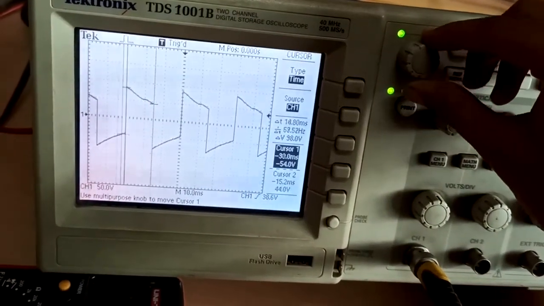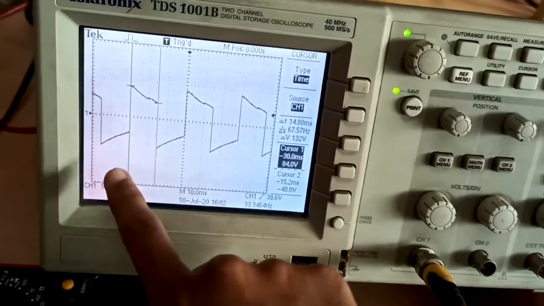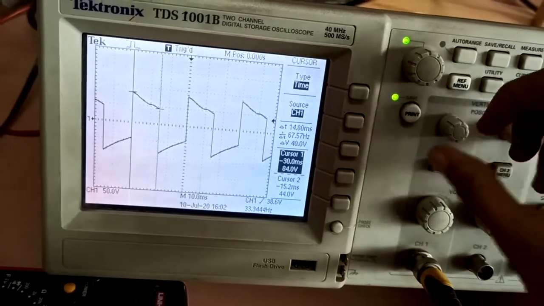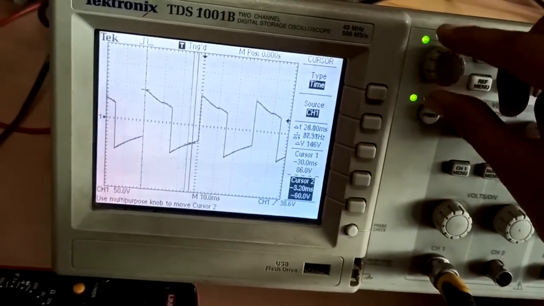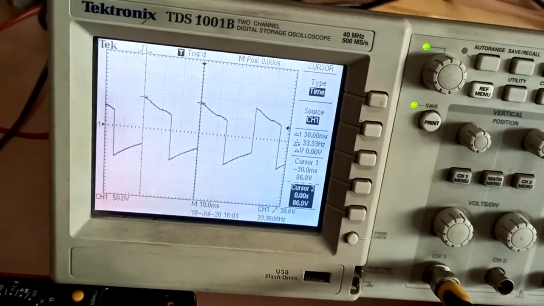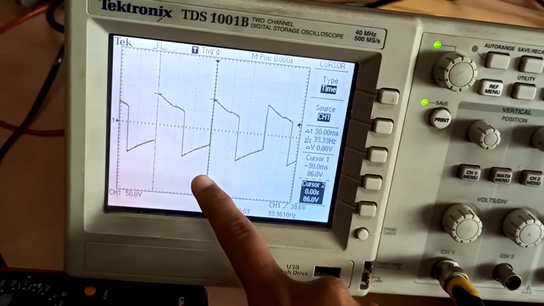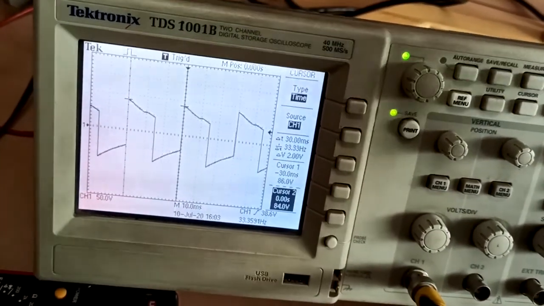Now move the first cursor here, and the second cursor at the end of the first cycle. So this is the total T. Here you can see it is 30 millisecond. This is the first reading.